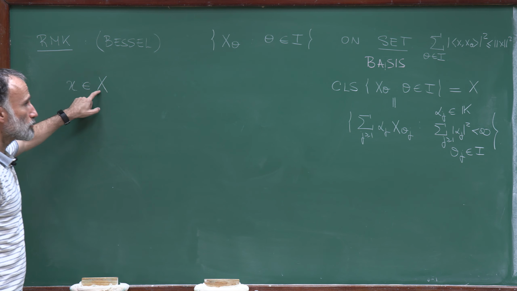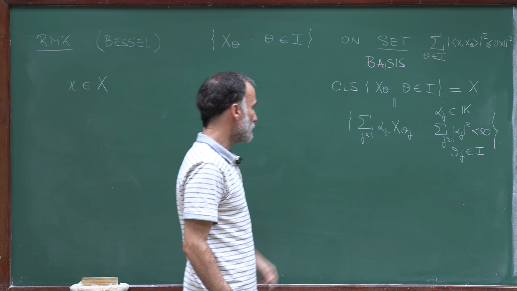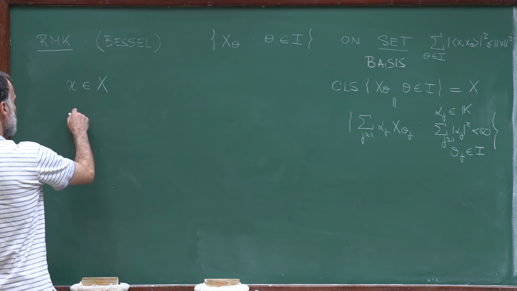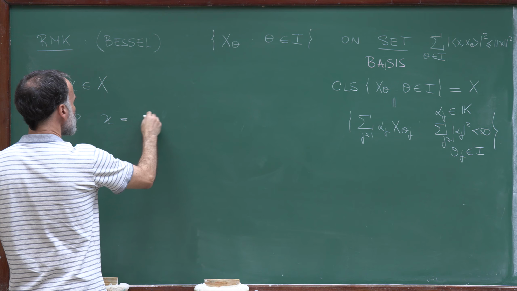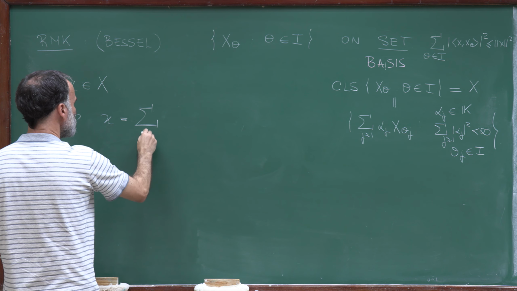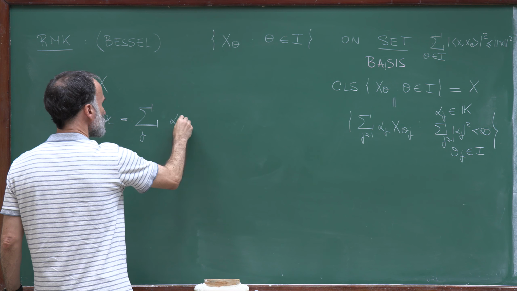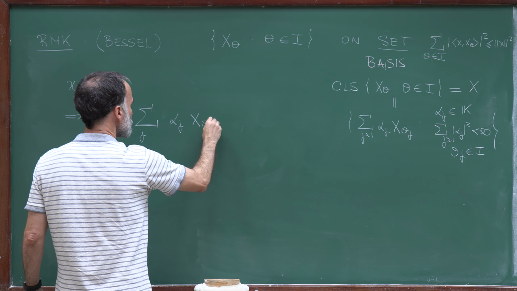And since x belongs to X, it can be written in this form: x is equal to the sum of alpha_j x_theta_j.